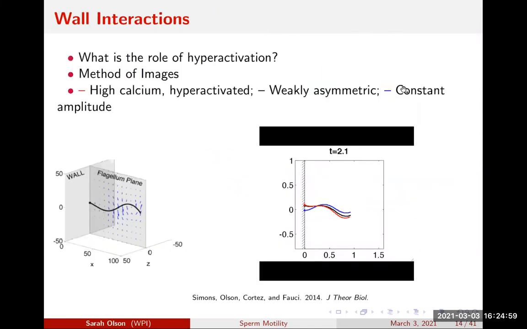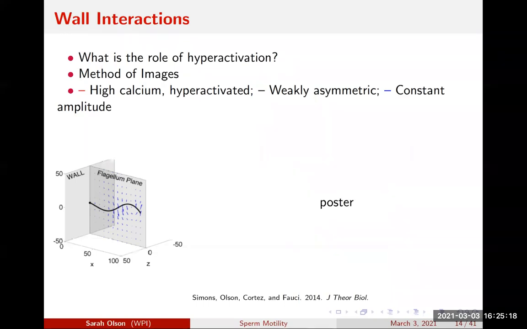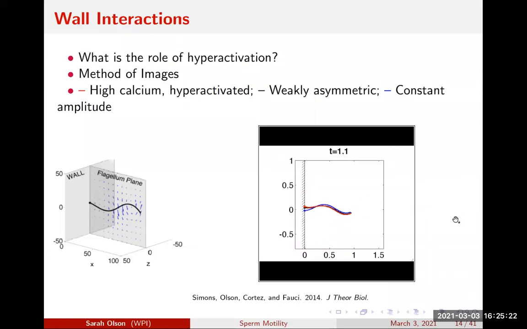Okay. Another thing we wanted to understand, in collaboration with Julie Simons, Ricardo and Lisa, was the role of the increased calcium concentration and increased beat asymmetry in hyperactivated swimmers.